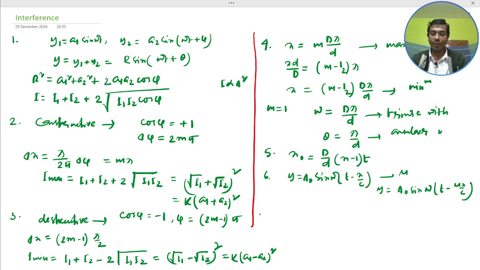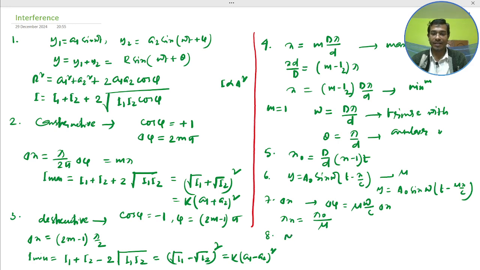Now, the effect of wavelength: for path difference del x, the phase difference would become mu omega by c del x. The wavelength would become lambda n equal to lambda naught by mu, where lambda n is the wavelength of light in the medium and mu is the refractive index.